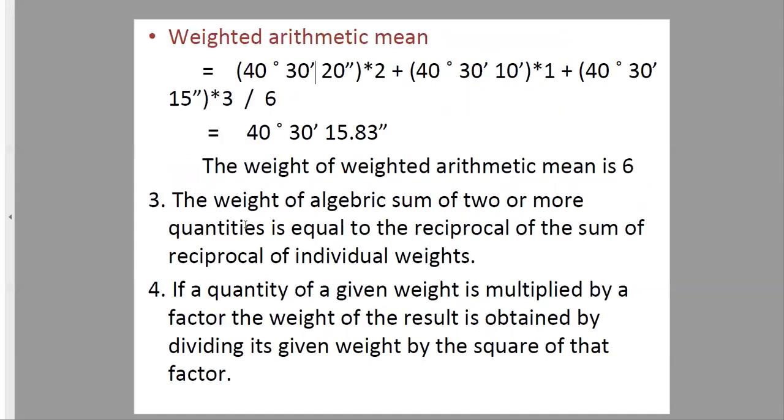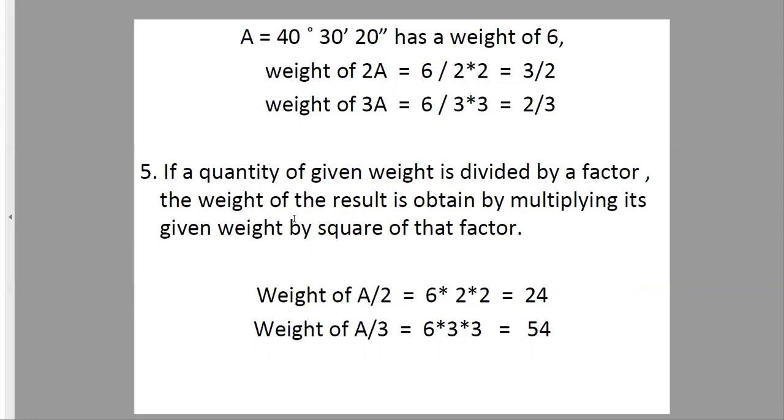You can say that this is the second principle of weight concept. If a quantity has a given weight, suppose earlier it has weight of 1, now it has weight of 1 by 2 or 1 by 4.